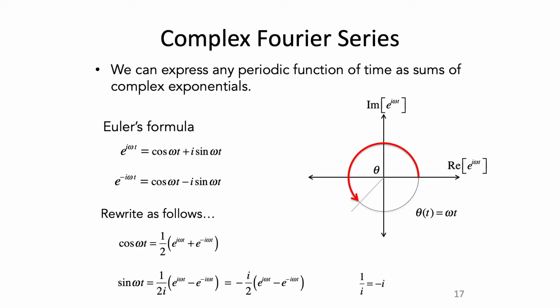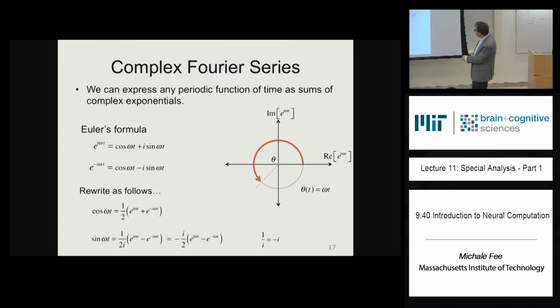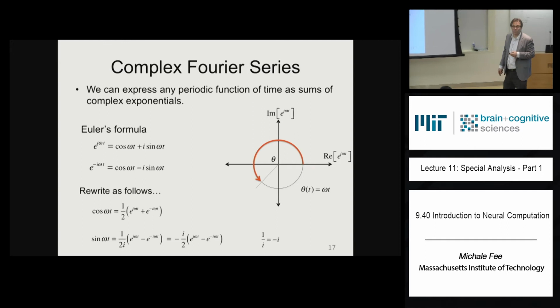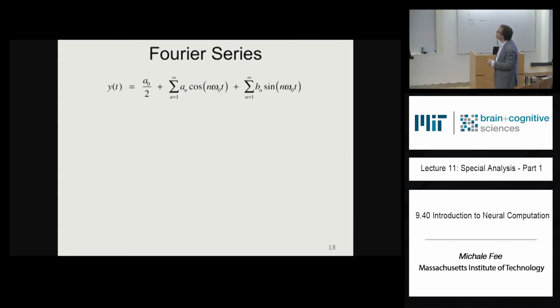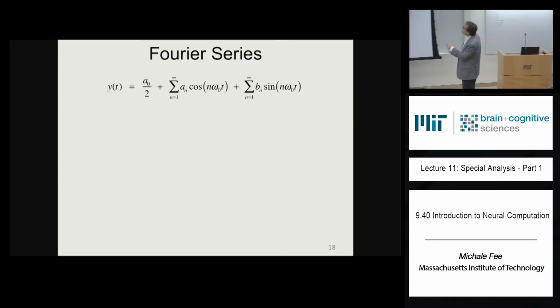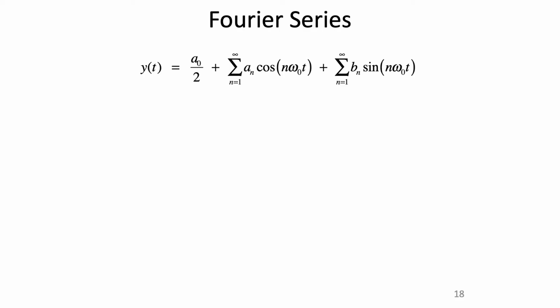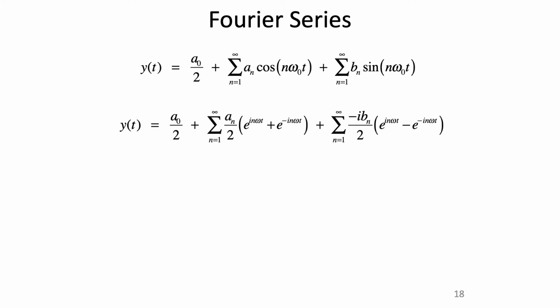Okay, so let's do that. And remember, 1 over I is just minus I. Here's our Fourier series with our sum of cosines, our sum of sines. We're just going to replace those things with e to the I omega t plus e to the minus I omega t and so on. So there we go. Just replacing that. There's a 1/2 there.